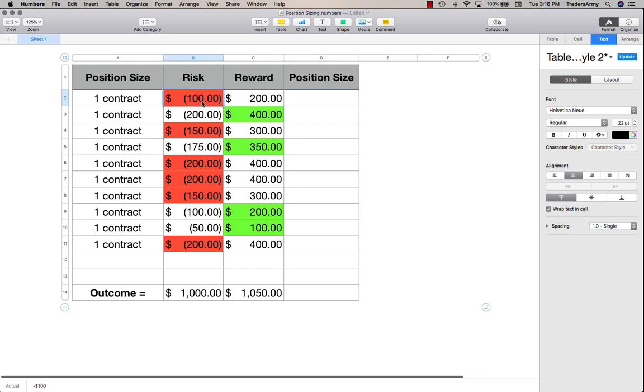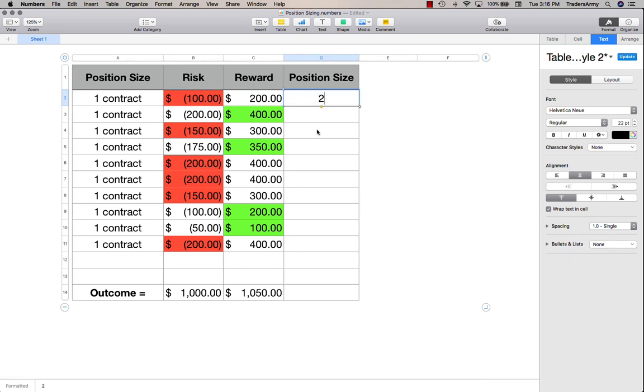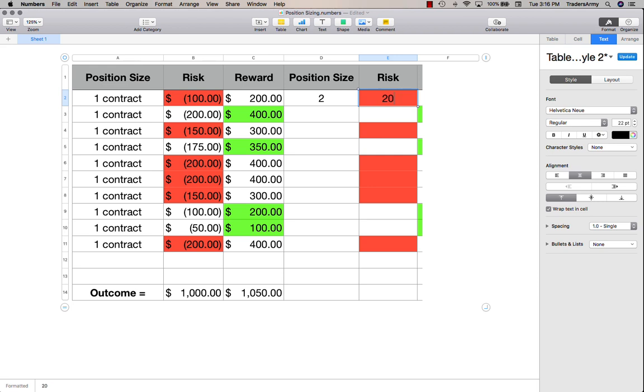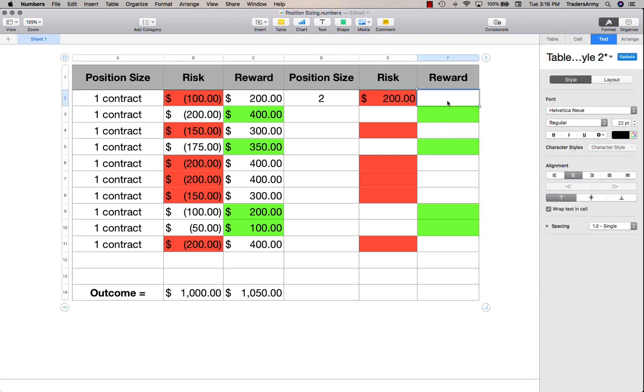So in this case, if the per contract risk were $100, then our position size would need to be 2 contracts in order to make the risk $200, okay, which would make the reward potential $400 if you traded 2 contracts. Now, trade number 2 has $200 per contract risk on a single contract, so I can't trade more than one without exceeding my $200 risk tolerance.